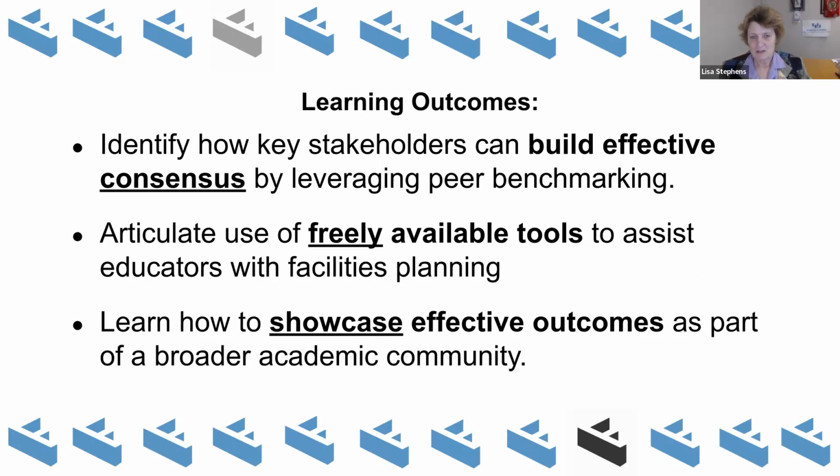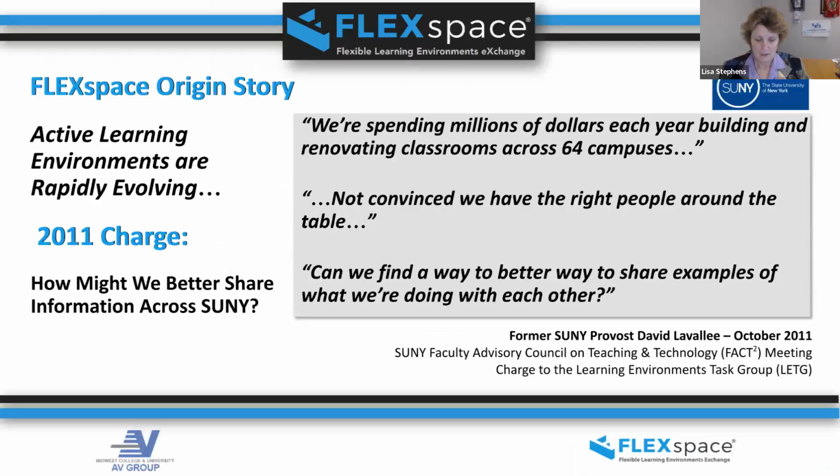Both FLEXspace and the Learning Space Rating System are freely available to anybody with a .edu account or an equivalent. So an international equivalent or K through 12, we just might need to add you manually. And then finally, we want to make sure you know how to share your outcomes so you can showcase and show off some good work.